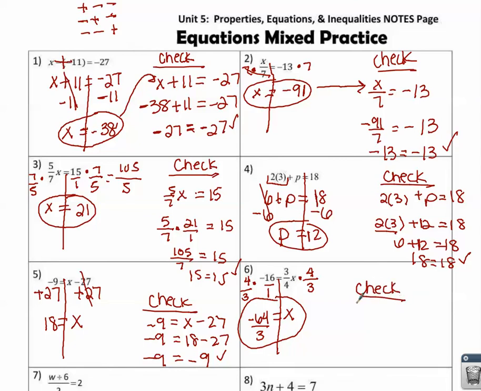Check your answers. You get negative 16 equals 3/4 x. Negative 16 equals 3/4 times negative 64 over 3.